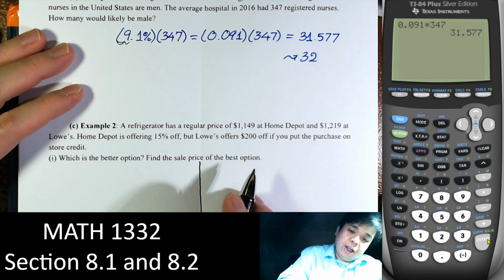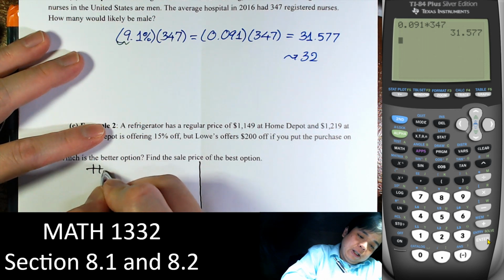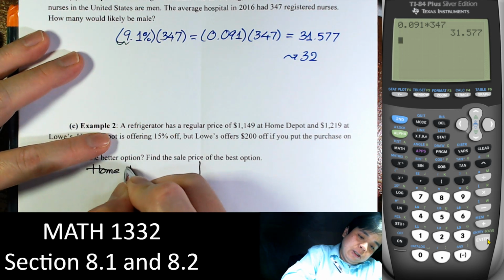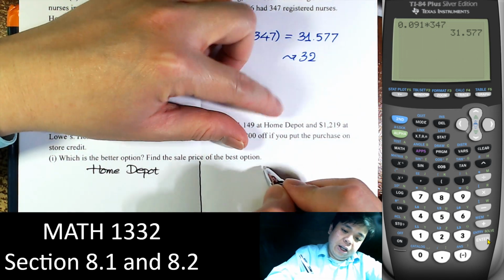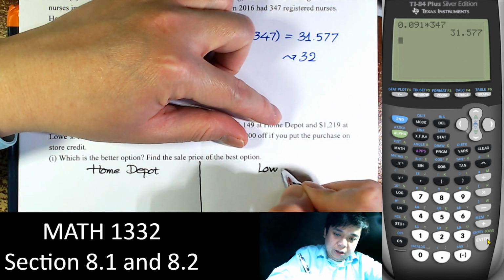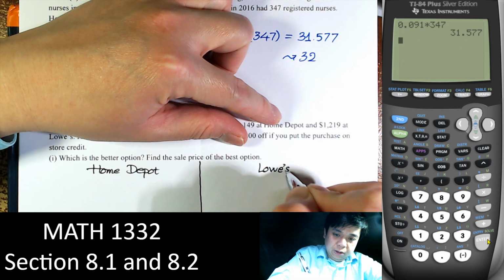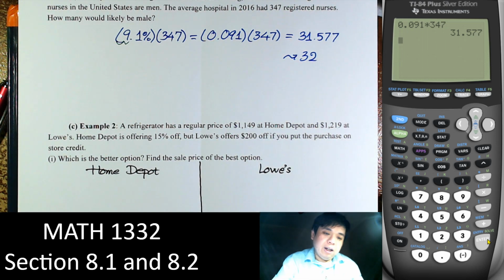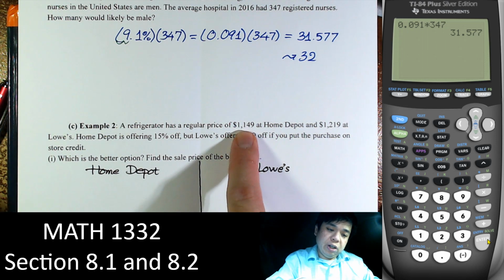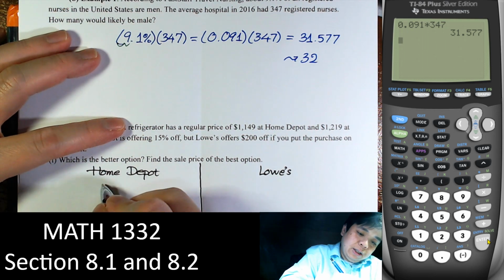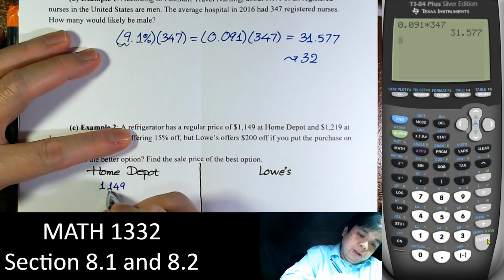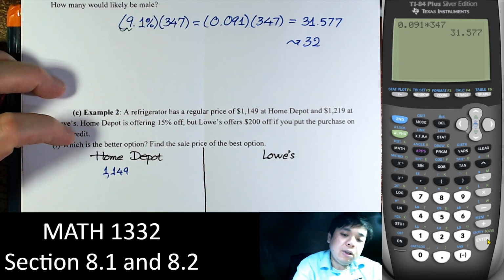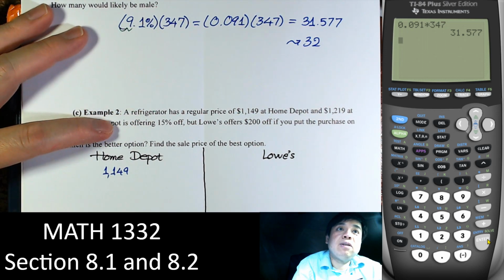Right, so we have Home Depot here, and then over here we have Lowe's. Home Depot originally is that, but it is 15% off.